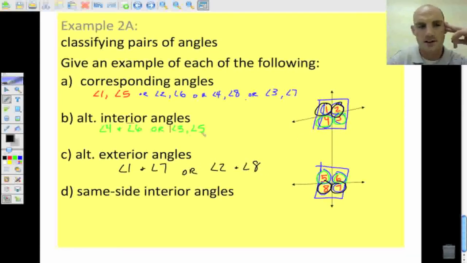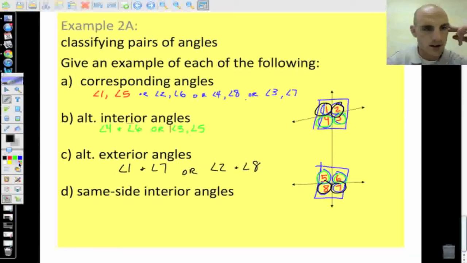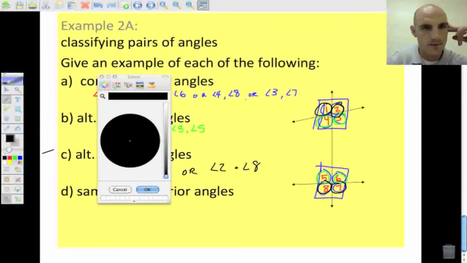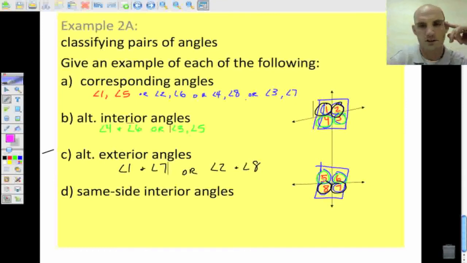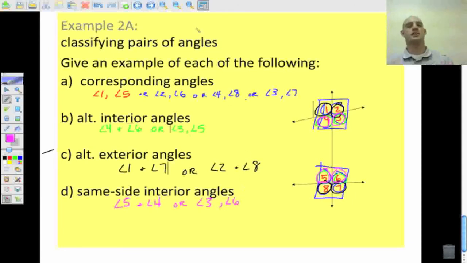Okay, same side interior. I'm going to pick a different color. I'm going to go crazy right now. Go into my crayon box. Go with pink. Okay, we'll see how it shows up. Same side interior. We've got 5 and 4 would be there. So angle 5 and angle 4. Or we could say angle 3 and angle 6. Okay? So that's how those things relate.